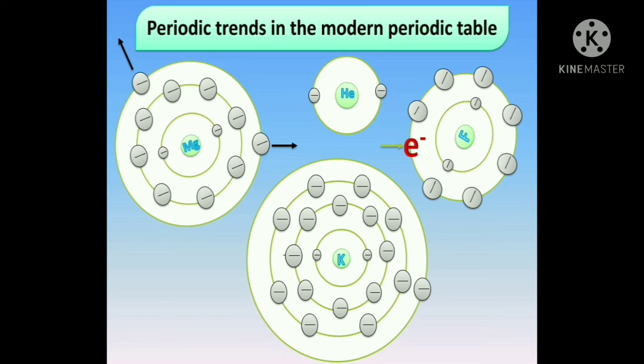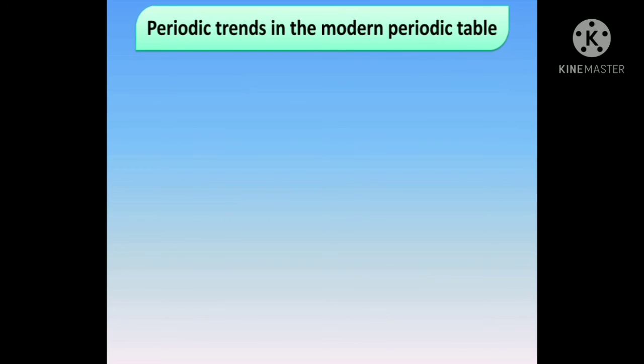Here also, potassium has 1 electron in the outermost shell, that is 1 valence electron. So for potassium also, to reach the nearest octet, it is easier to lose 1 electron. With this, we understand valency more clearly.